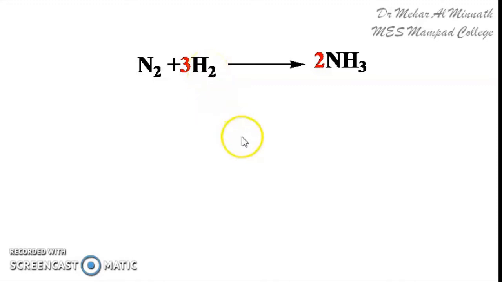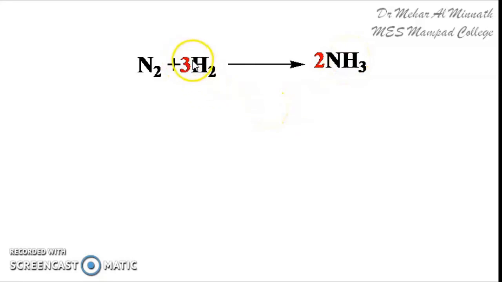So in terms of the change in concentration, for every mole of nitrogen lost, 3 moles of hydrogen are also lost, and 2 moles of ammonia are formed.